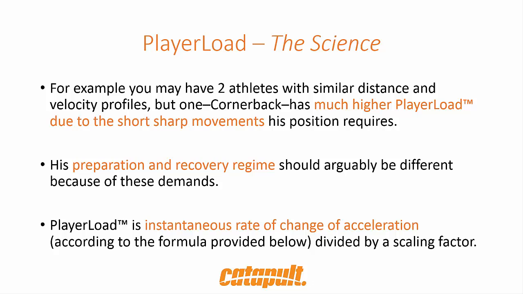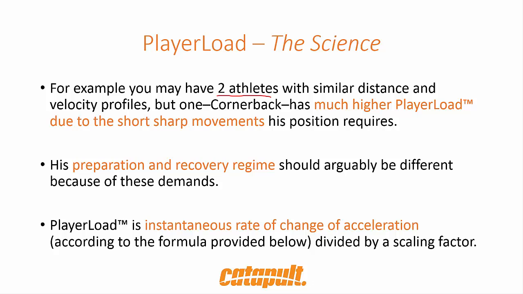So the science behind it, and why we devised it, is if you have 2 athletes who have a similar distance in terms of velocity. So you take 2 cornerbacks and they have the same distance overall in our run and sprint, but one has a lot more higher, sharper movements, resulting in a higher player load.